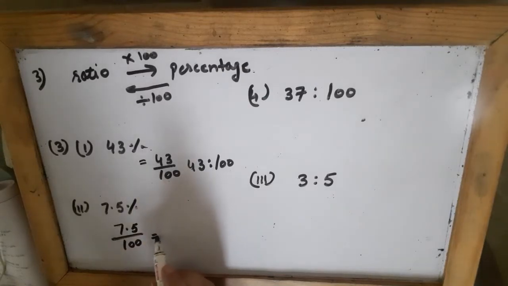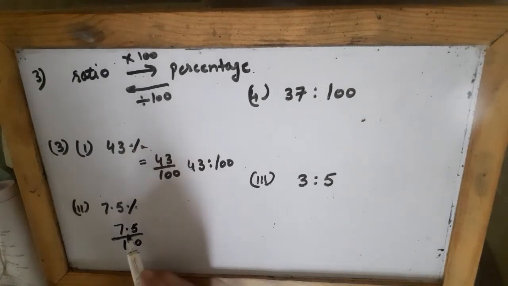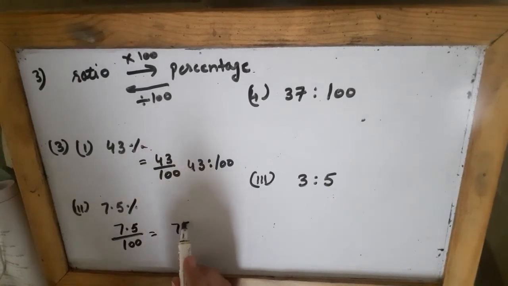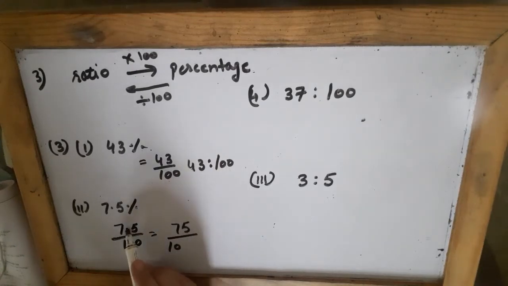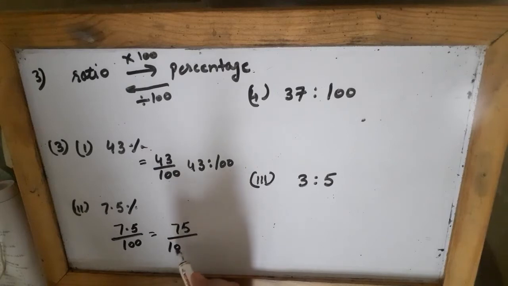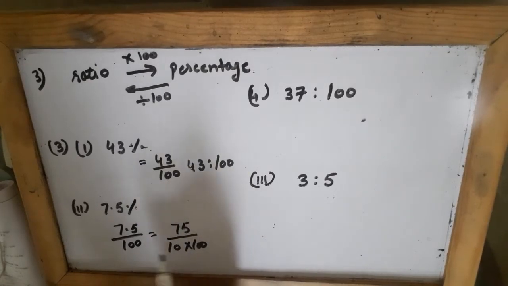How can I write this into ratio? Now first of all, I will remove this decimal point. How can I remove? I can say 75 upon 10. To remove this point, I have written 10 as a denominator and 100 already I have down, so this becomes 75 upon 10 into 100.